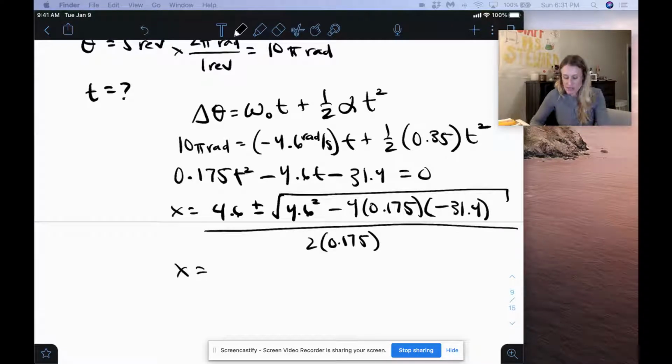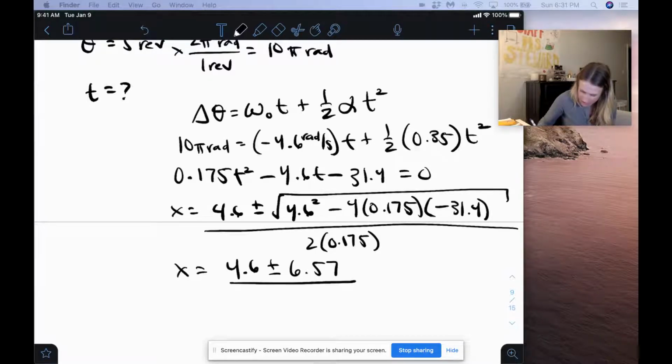I like to do everything under the square root first. So we have 4.6 squared minus 4 times 0.175 times negative 31.4. When you take the square root of that whole thing, you end up getting 6.57. So we get 4.6 plus or minus 6.57 divided by 0.35.